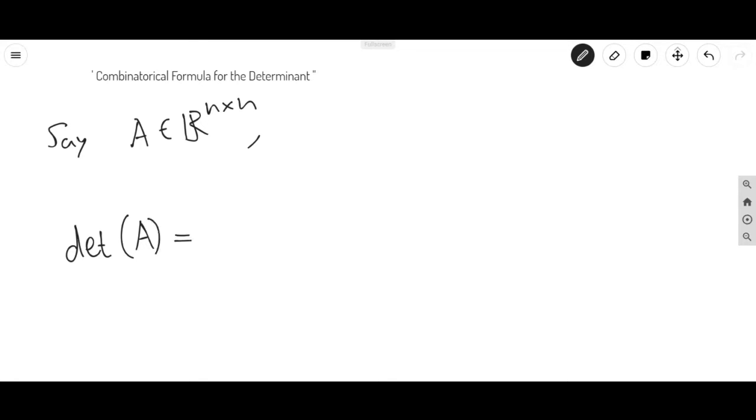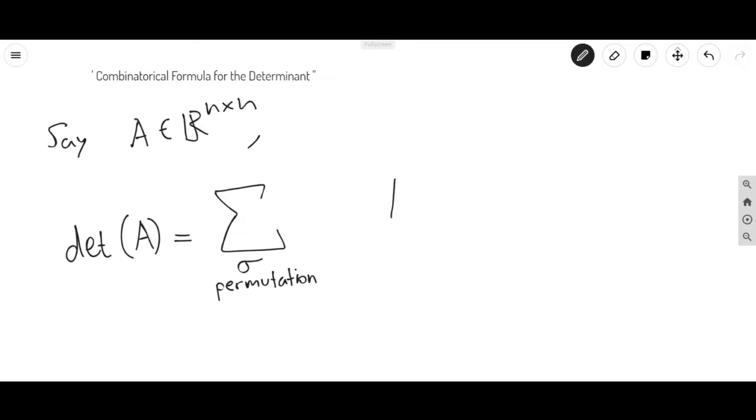It says that if A is an n by n matrix, then the determinant of the matrix is equal to this. It's a sum of terms. I'm going to put a sigma down here, and the sigma is a permutation. So it's a sum over permutations.